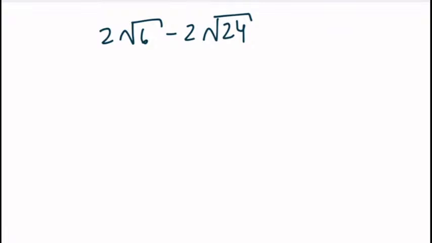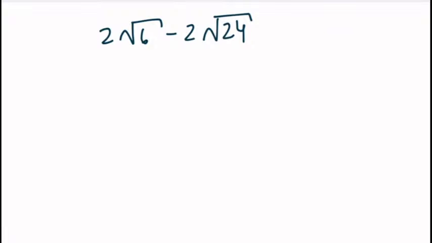Okay, so our next practice problem is going to be 2 radical 6 minus 2 radical 24. So what I just explained is that we look at the simplified radical and divide it by the unsimplified radical.